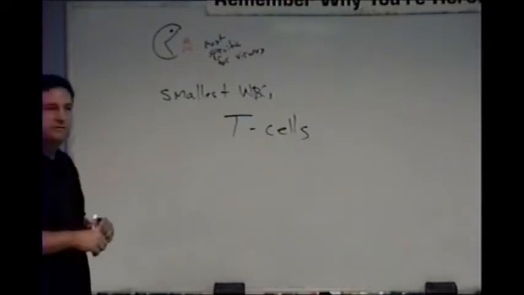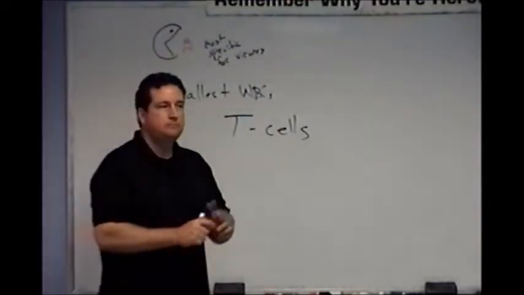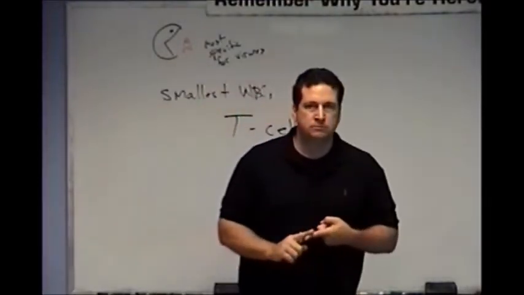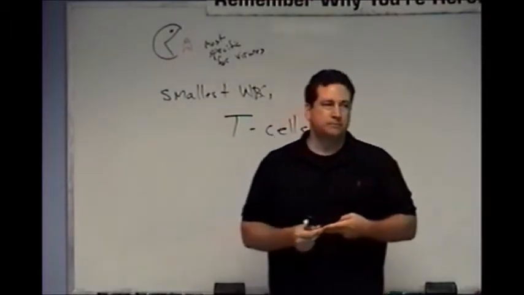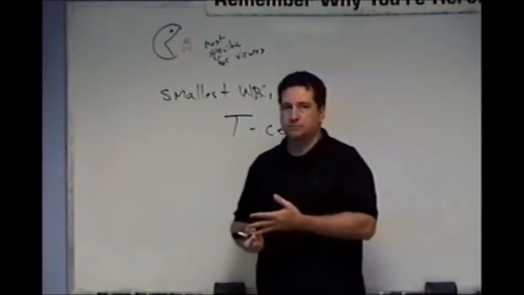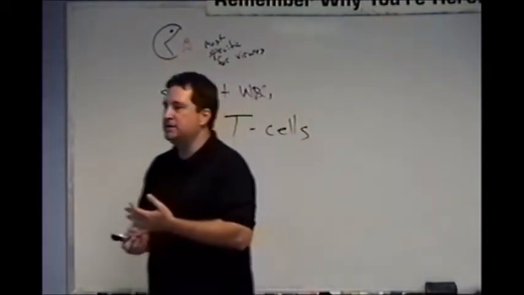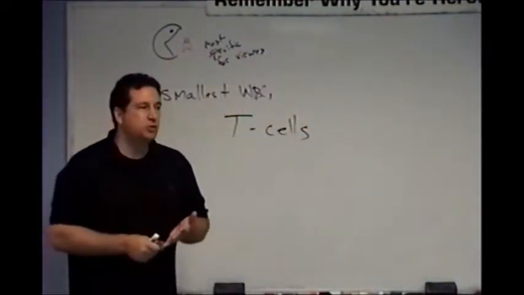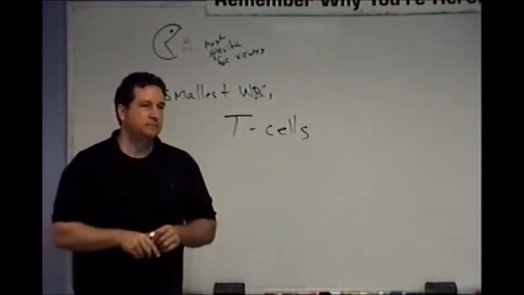And I have some examples of some of the T cells here. Helper T cell, also known as a CD4 cell. Suppressor T cell, also known as a CD8 cell. Cytotoxic T cell. Natural killer cell, or an NK cell.